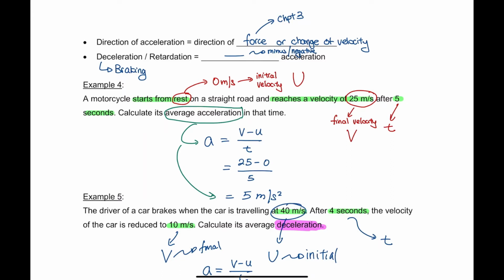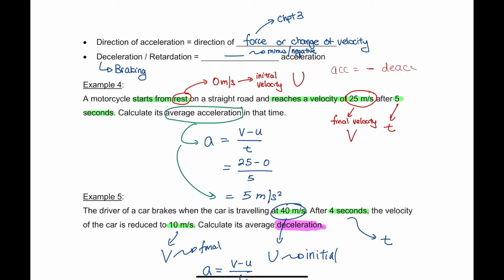Another word for deceleration is retardation. The force is retarding me, I am going slower and slower and slower. The formula that links deceleration and acceleration needs just one negative sign.